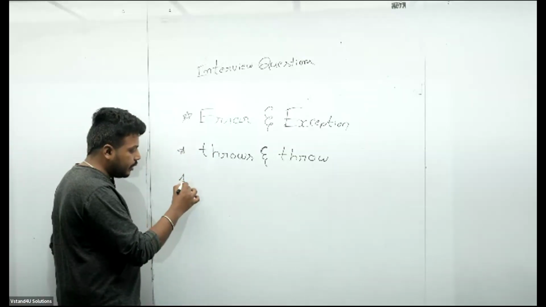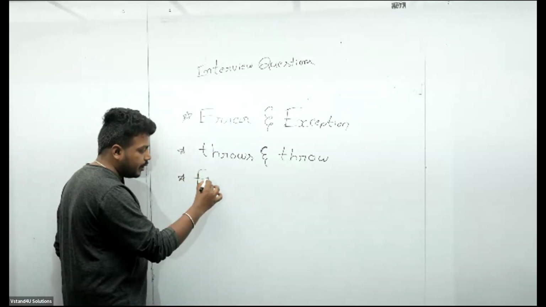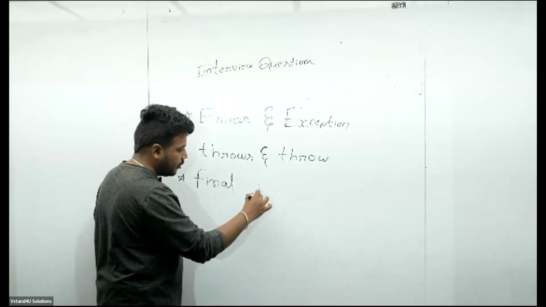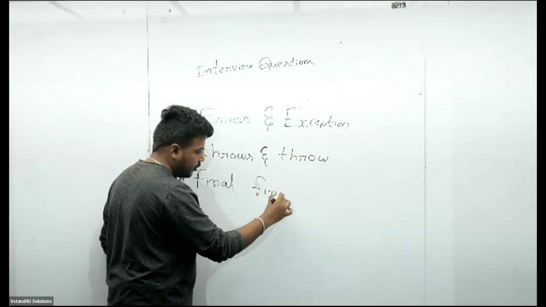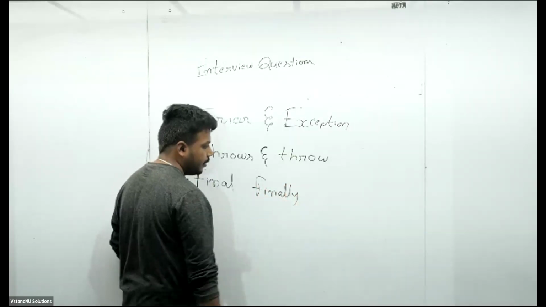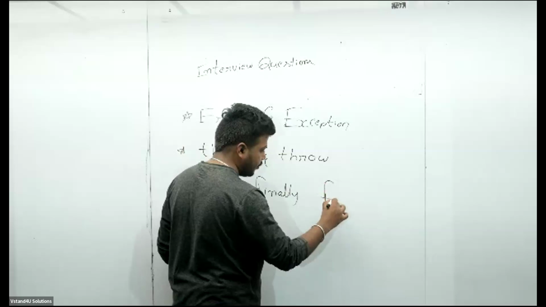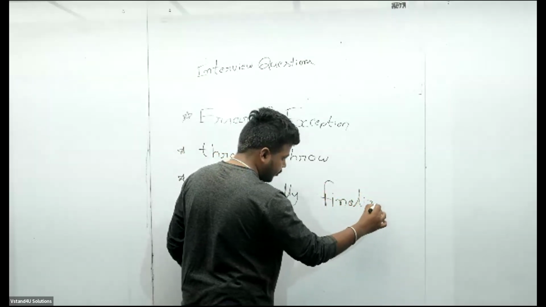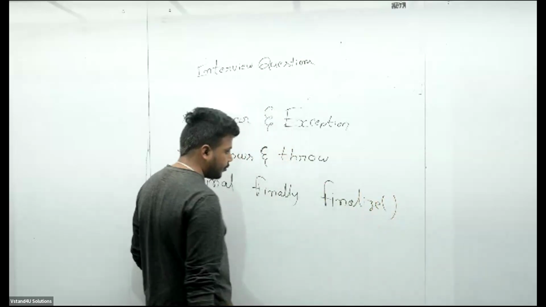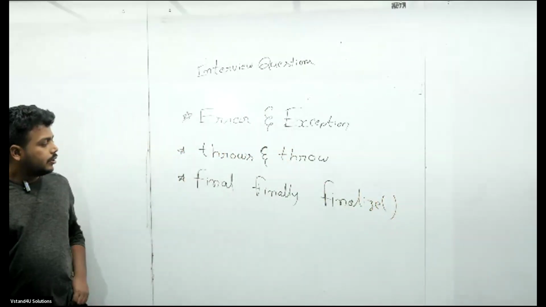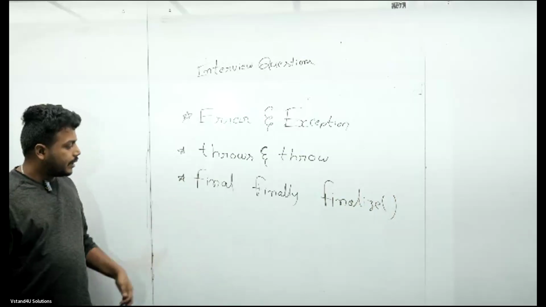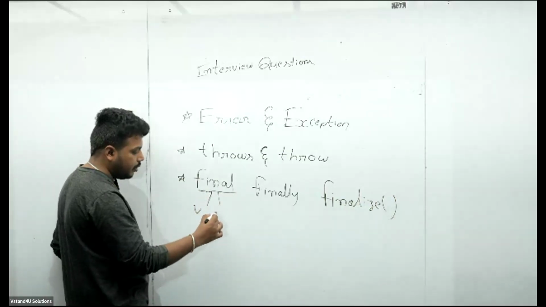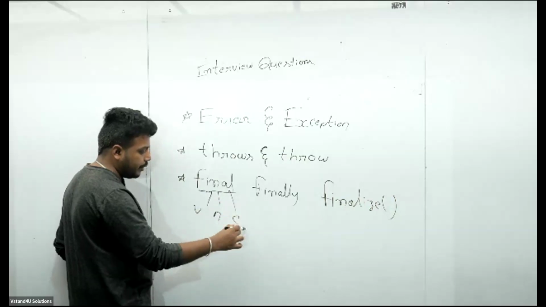The third question is, tell me the difference between final, finally, and finalize. Final is a keyword used with a variable, method, and a class.